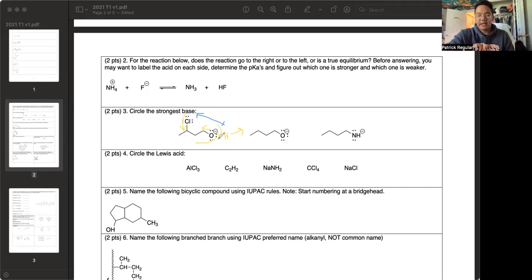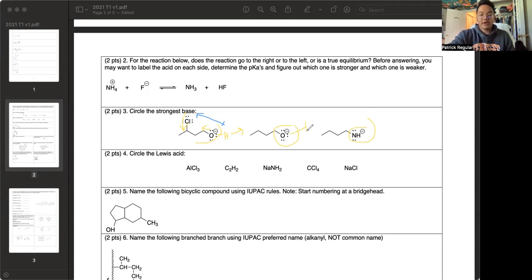Which is now the opposite of the strongest base. Now we're looking at this. We have an oxygen and then we have a nitrogen or amine group. Which one is the most protic? That would be oxygen. You're also welcome to look at your pKa chart. That will help you in this situation. Oxygen is a lot more electronegative than nitrogen if you look at the periodic table.